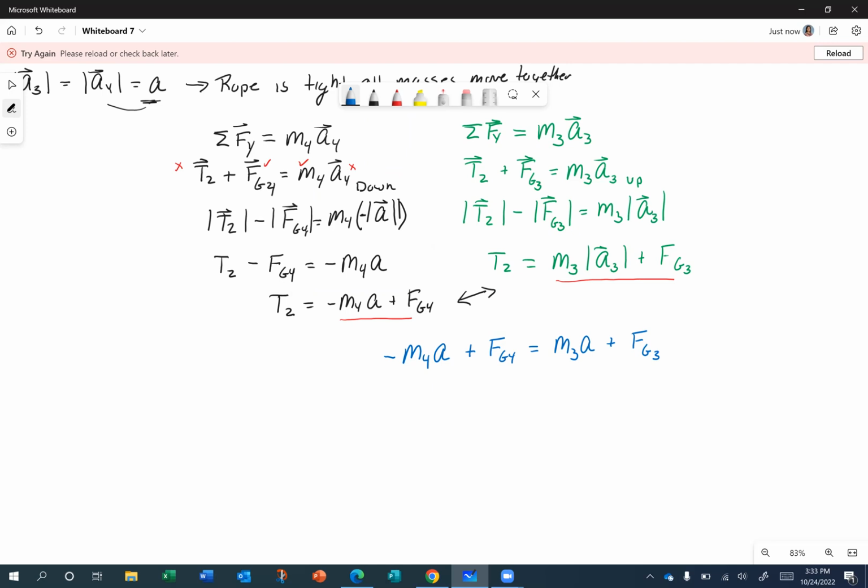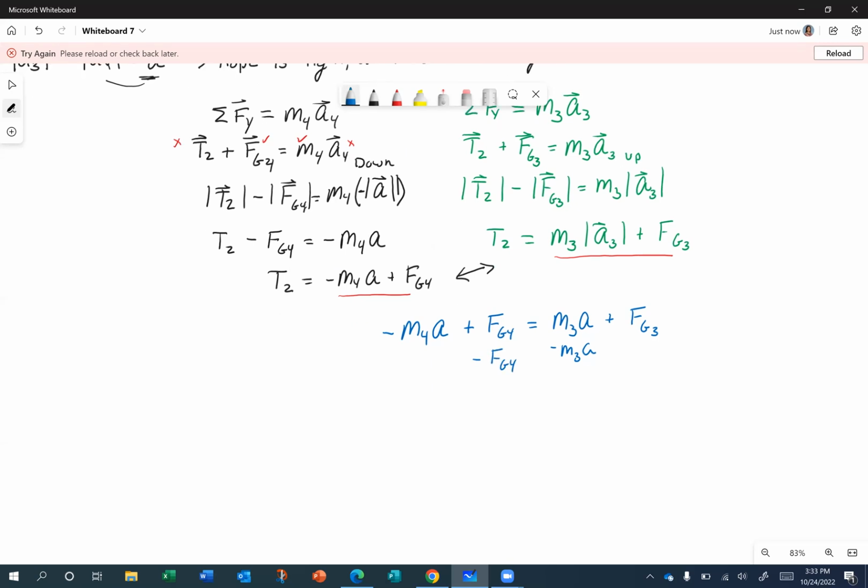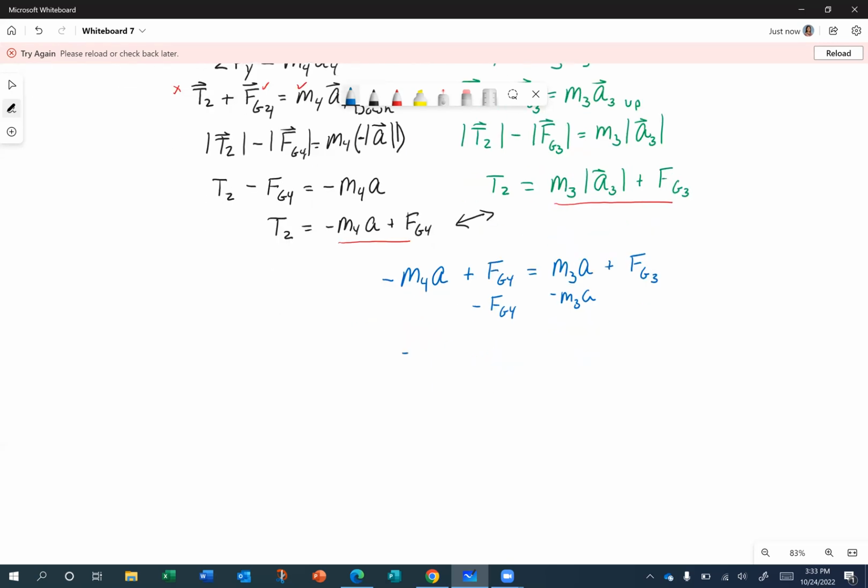So subtracting the m3a from this side, subtracting the FG4 on that side, we get negative mass 4 A minus mass 3 A equals FG3 minus FG4. So now I just have the A on the left side.